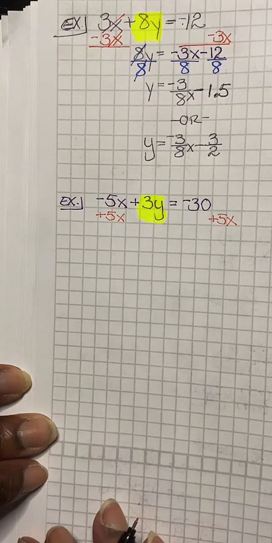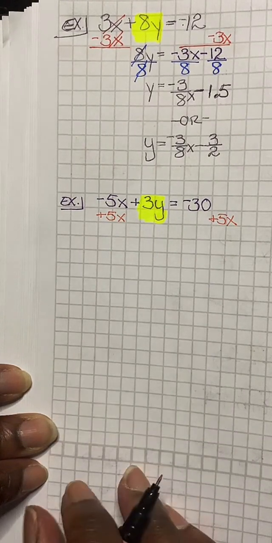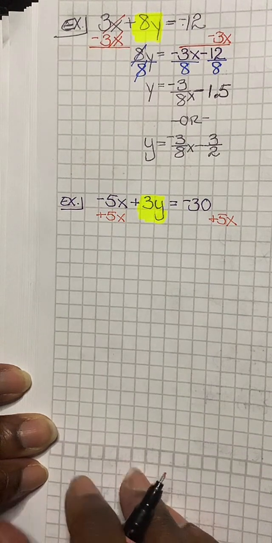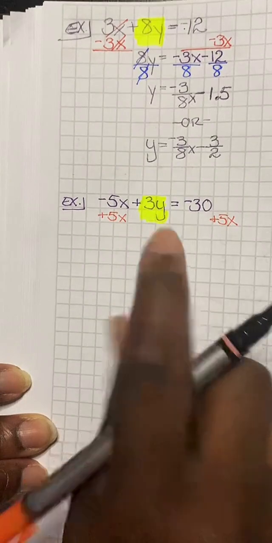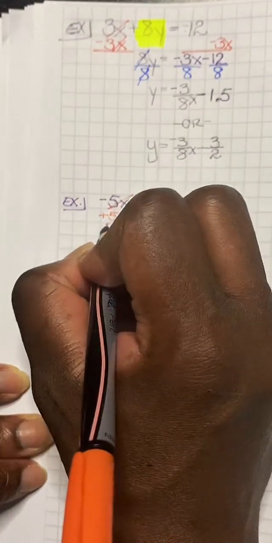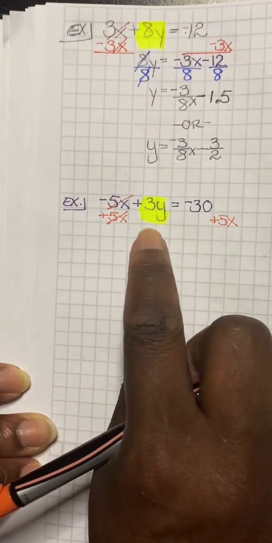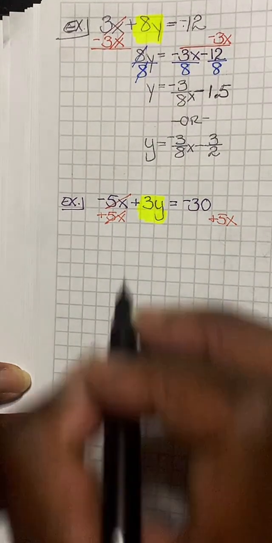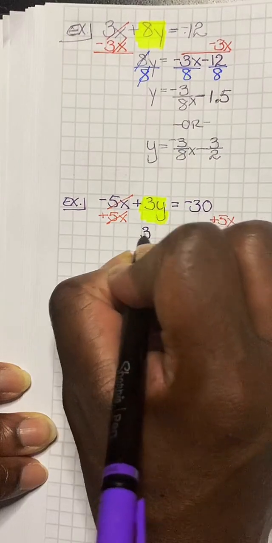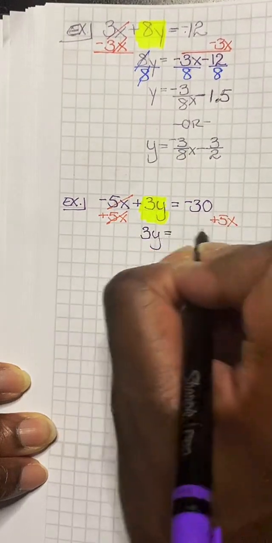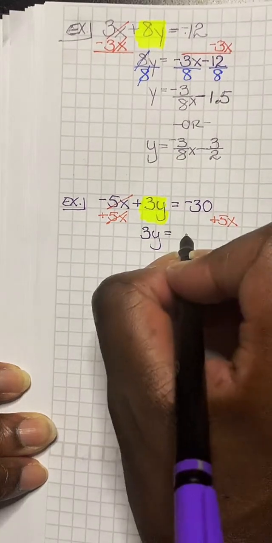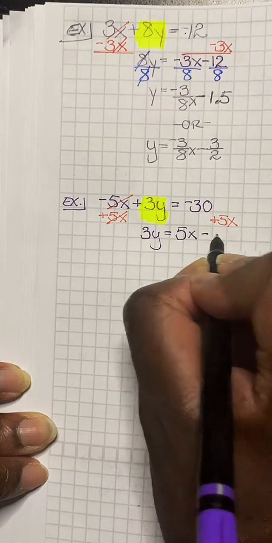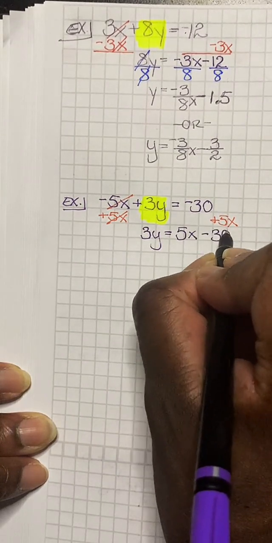All right. Okay. So Cherry, I'm not sure if you said something beforehand. We can't divide the 3 yet. We got to isolate it. We got to isolate this 3y first before we do any division. So now we have our 3y is equal to, let's keep it in that slope-intercept form, so positive 5x minus 30.